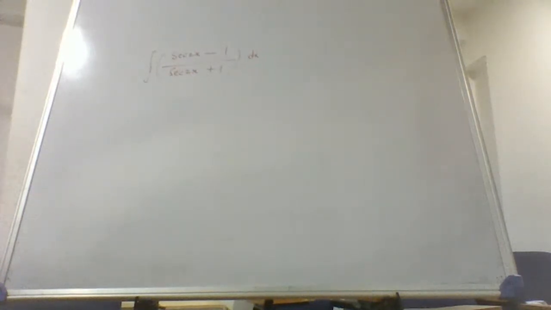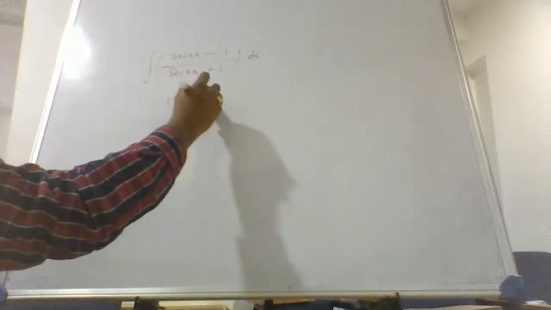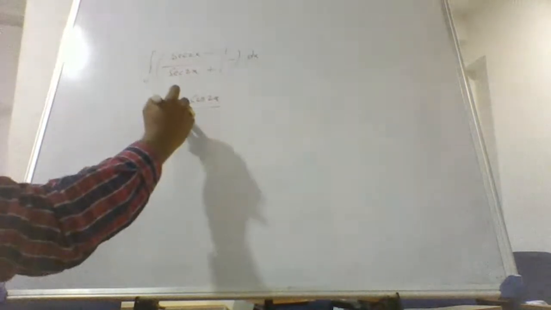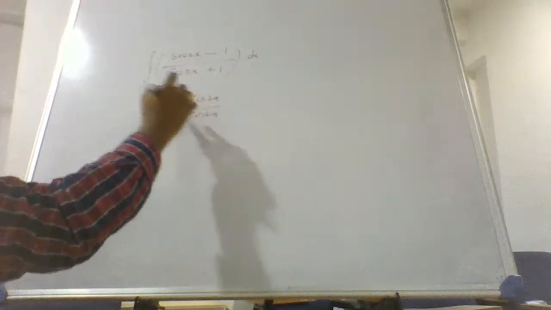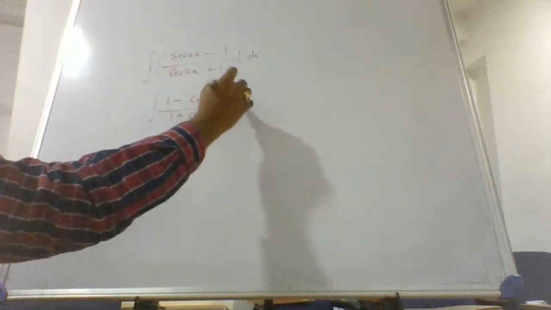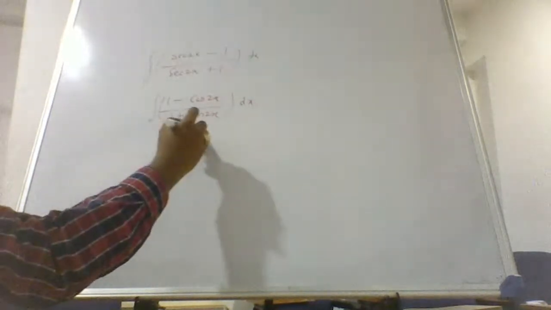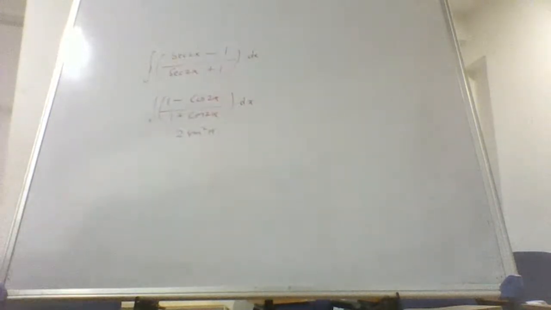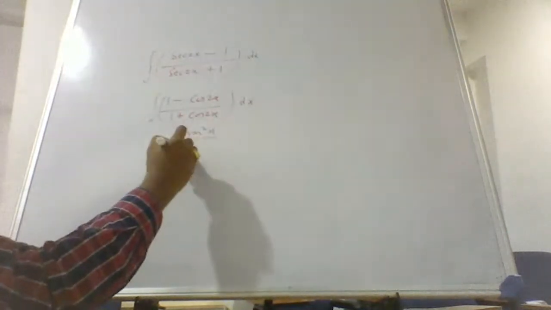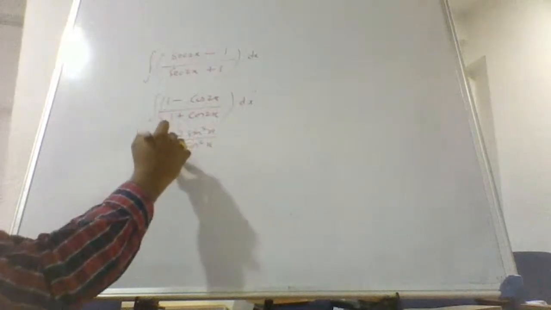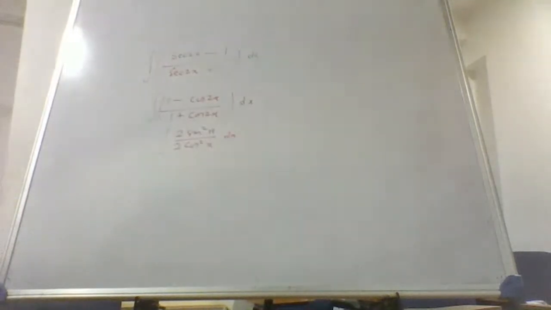So I get (1 minus cos 2x) divided by (1 plus cos 2x), integration of this, dx. Now 1 minus cos 2x can be written as 2 sin square x, and the denominator I can write as 2 cos square x, integration dx.